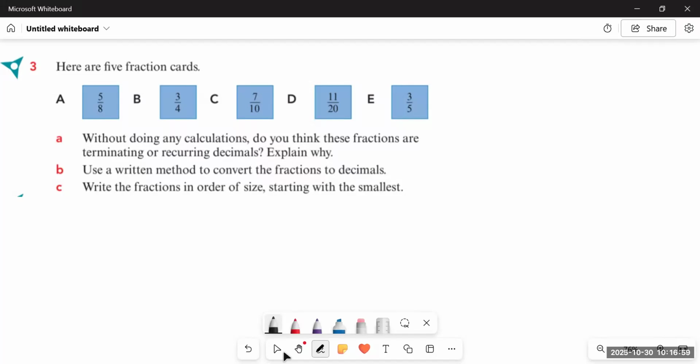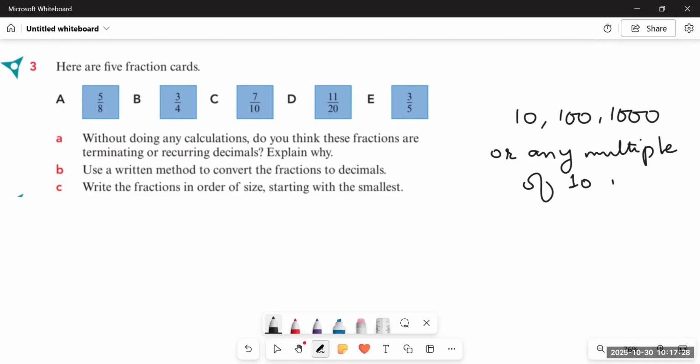If we have any number that is 10, 100, 1000, or any multiple of 10 in the denominator, then these sort of fractions will always be terminating.